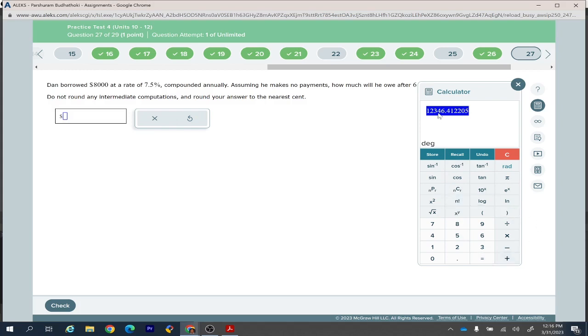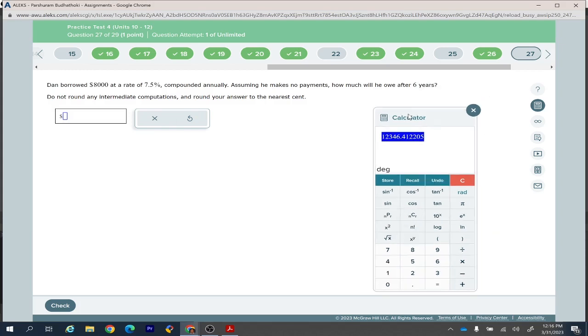If you hit enter, that's the amount he owes. What's the question? How much will he owe? If you round it to the nearest cents, it would be 12,346 dollars 41 cents.